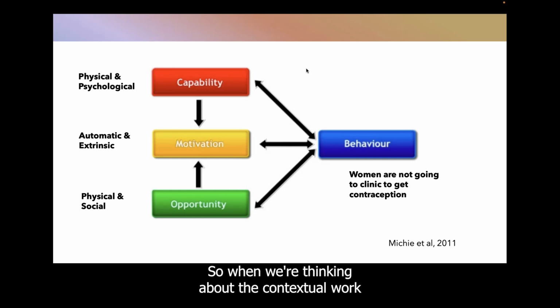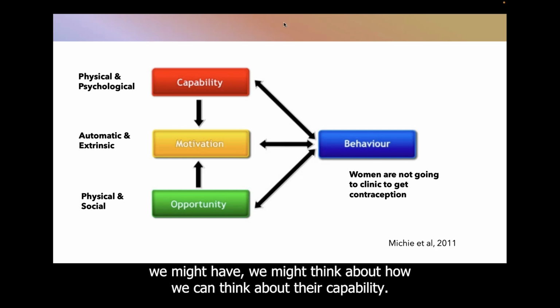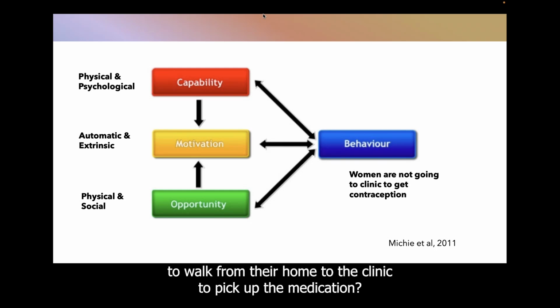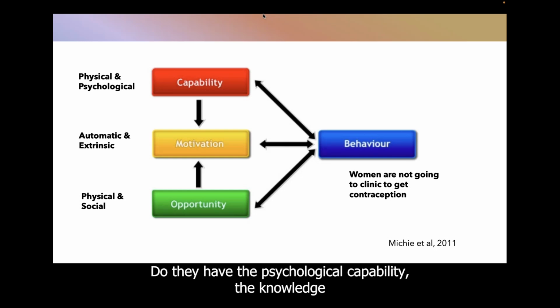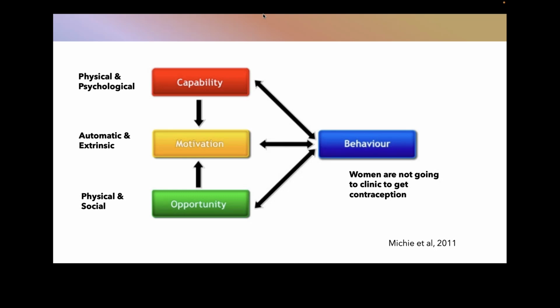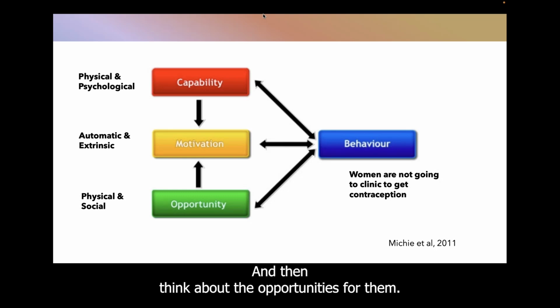So when we're thinking about the contextual work, we might think about their capability. Do they have the physical capability to walk from their home to the clinic to pick up the medication? Do they have the psychological capability, the knowledge that they need to take postpartum contraception? And then think about the opportunities for them.